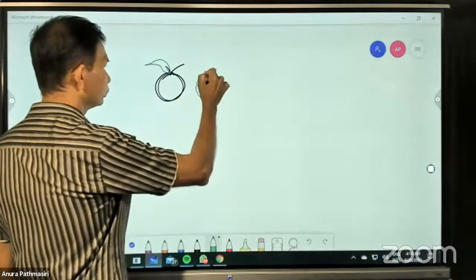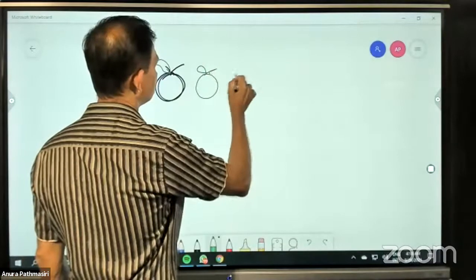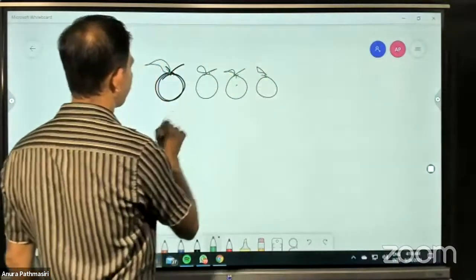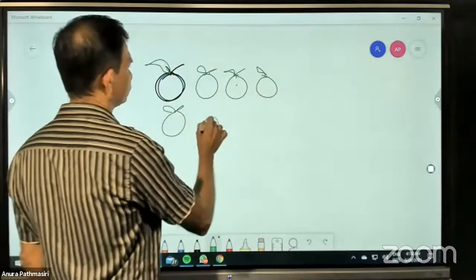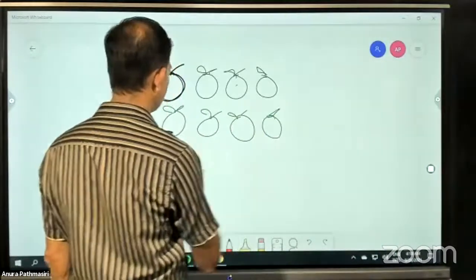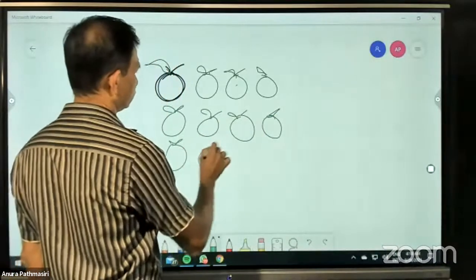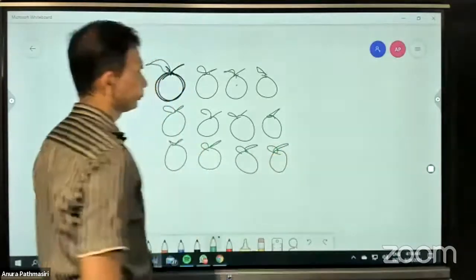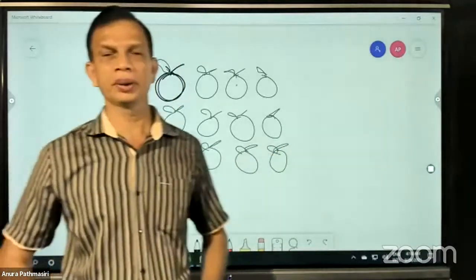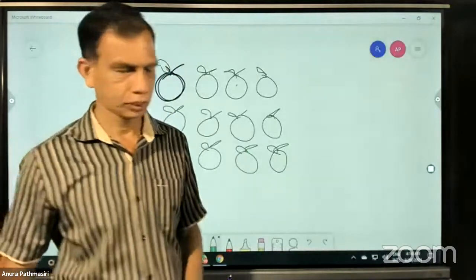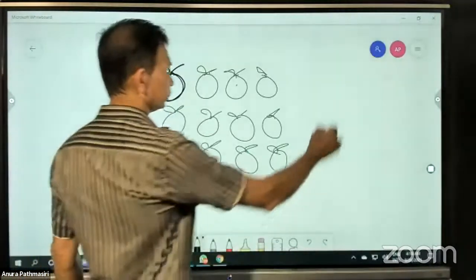One, two, three, four, six, seven, eight, nine, 10, 11. How many orange fruits are there? 12. There are 12.